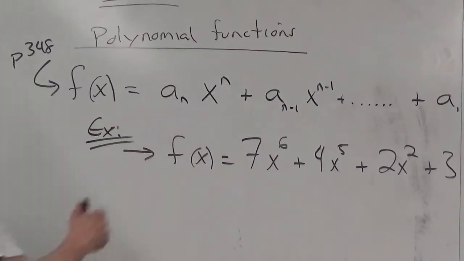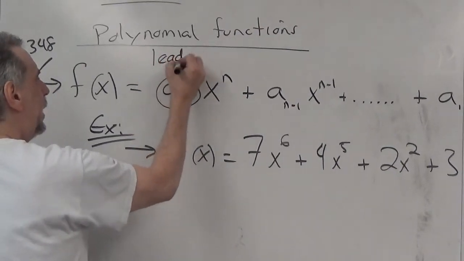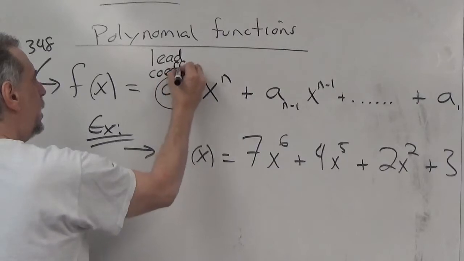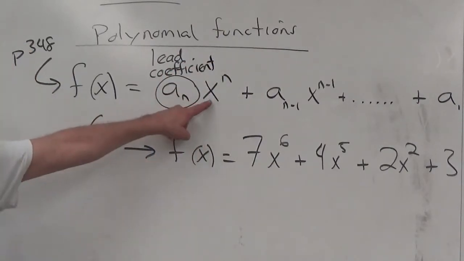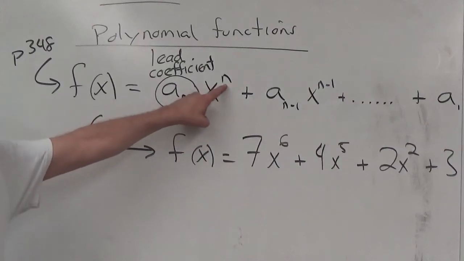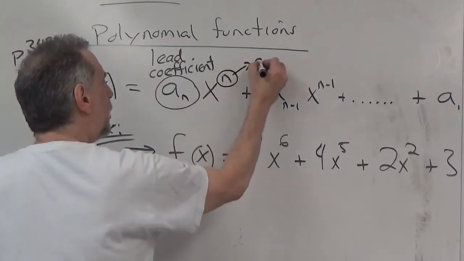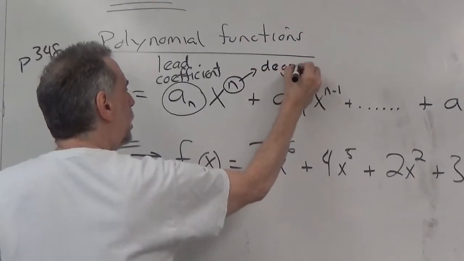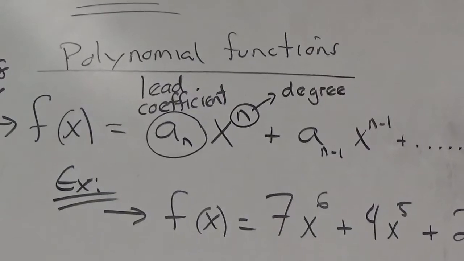Here we call this the lead coefficient. It's the number in front of the variable with the highest exponent. The highest exponent on the variable is called the degree of the polynomial.